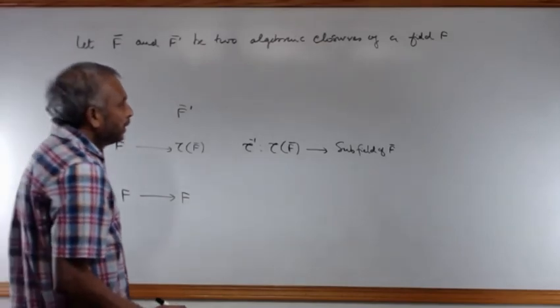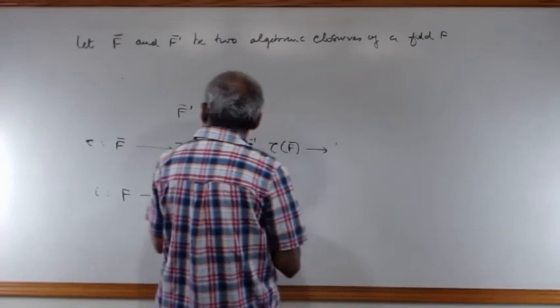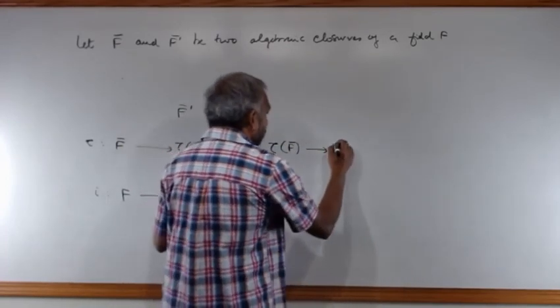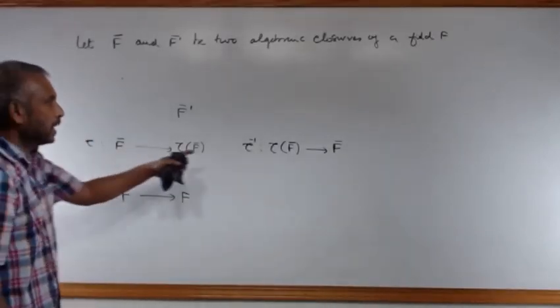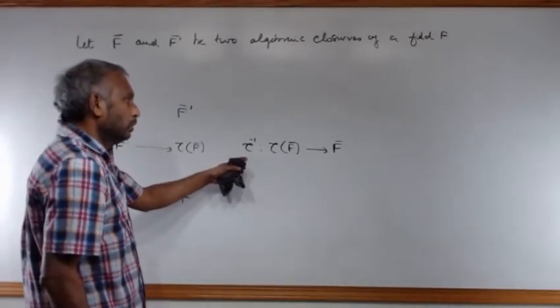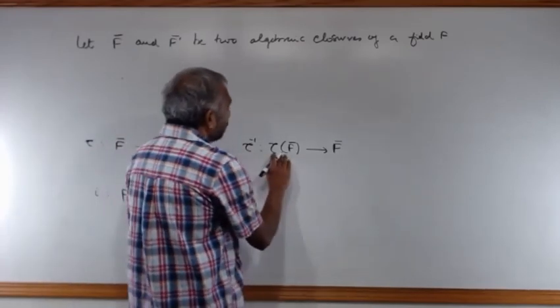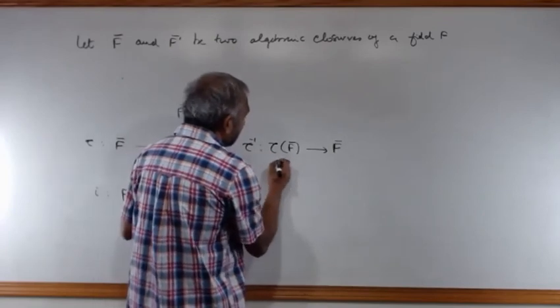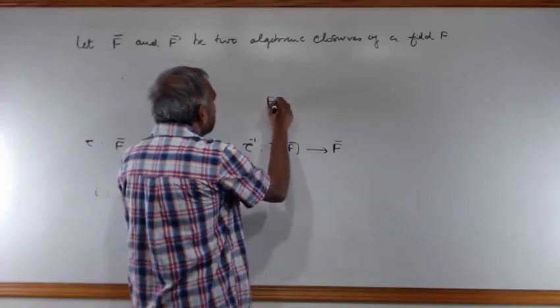Actually, this is not just a subfield of F closure, it is actually F closure. And this is also an onto isomorphism. So this can be extended, we are assuming that this is a subfield of F prime closure. So F prime closure is somewhere here.